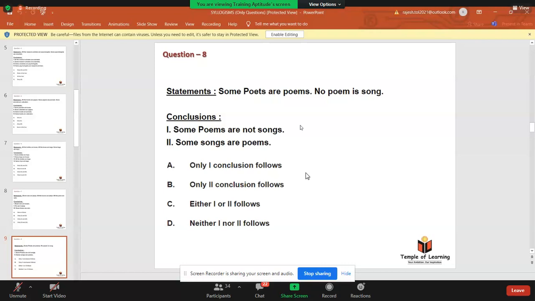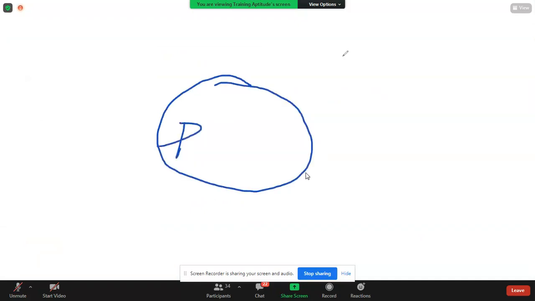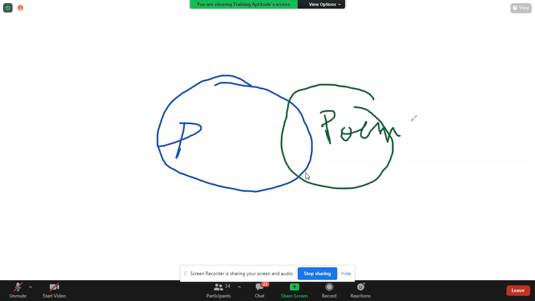Take a screenshot. Some poets are poems, no poem is song. Some poets are poems: these are poets in blue color, poems in green color. And it says songs, these are songs.